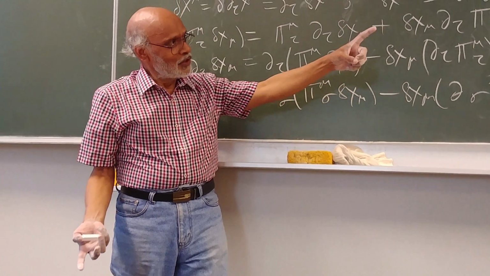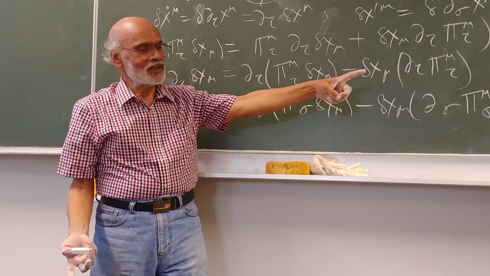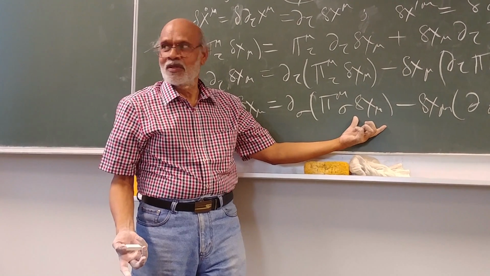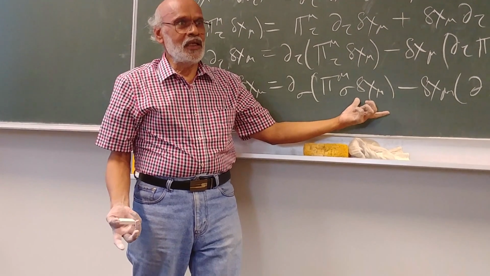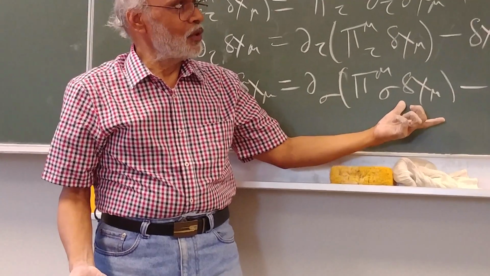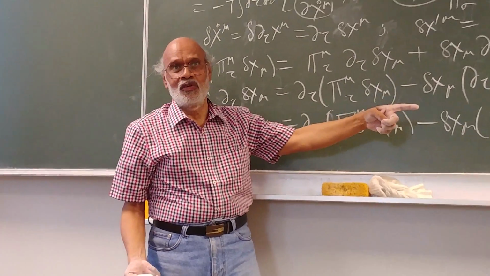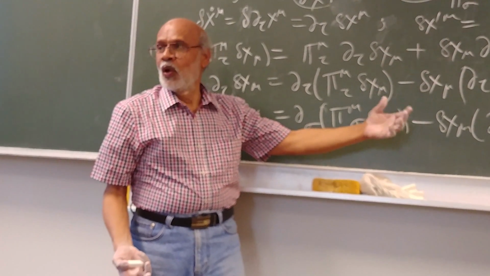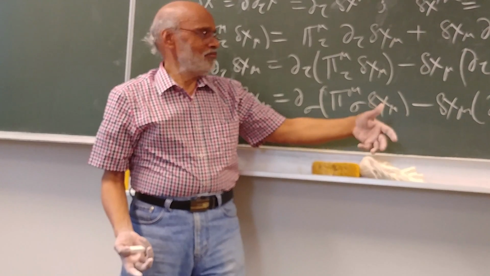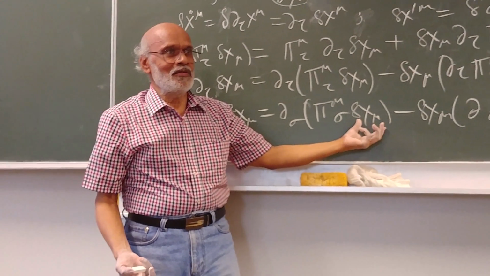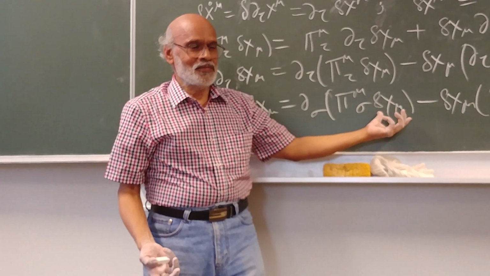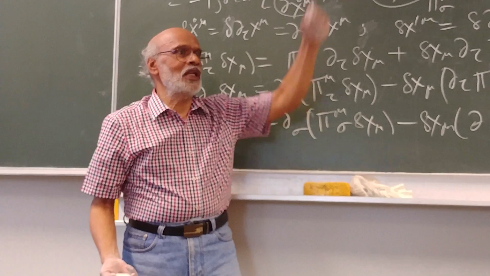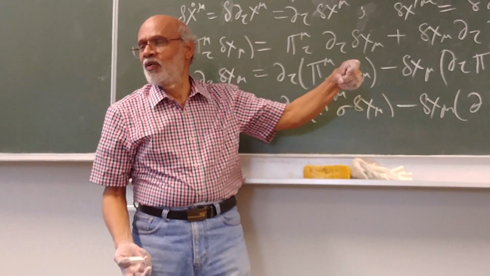These sigma boundary terms would vanish either because delta x mu would be 0, which is the case for Dirichlet boundary conditions, or, if that does not happen, for Neumann boundary conditions, delta x mu does not vanish. X mu is allowed to move around.